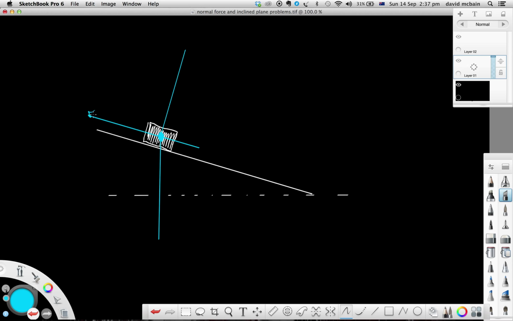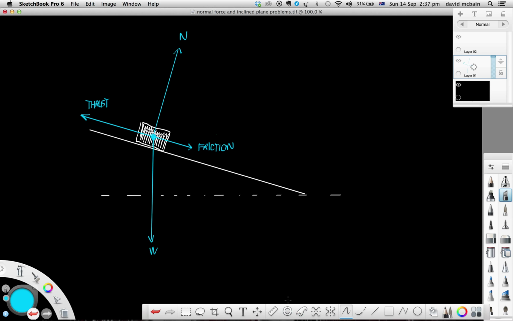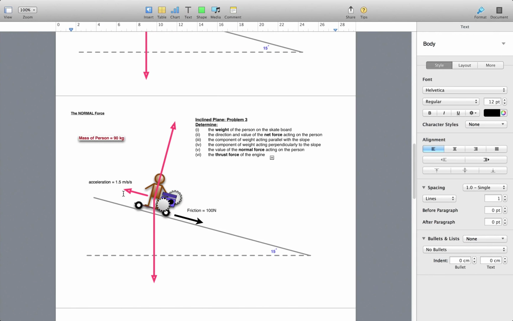Here's our thrust, here's our normal force, here's our weight force, and this is our friction force. We know that the acceleration is 1.5 meters per second squared up the ramp.